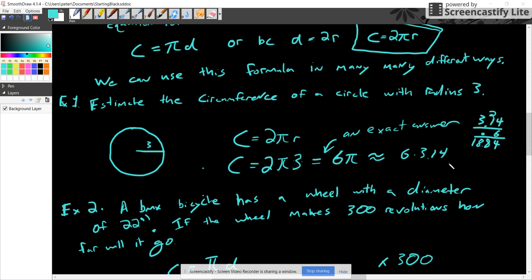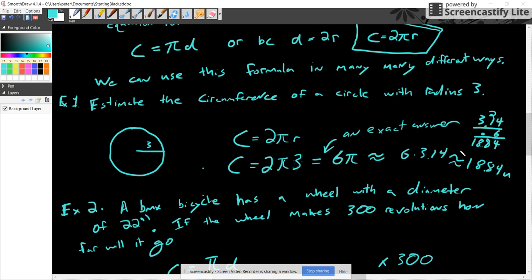So this is an approximate answer, 18.84. This is just in units. It's not squared because this is not representing an area, it's representing a distance.